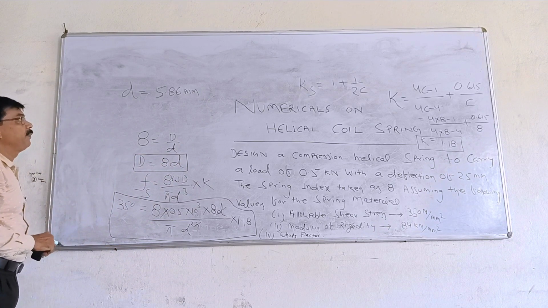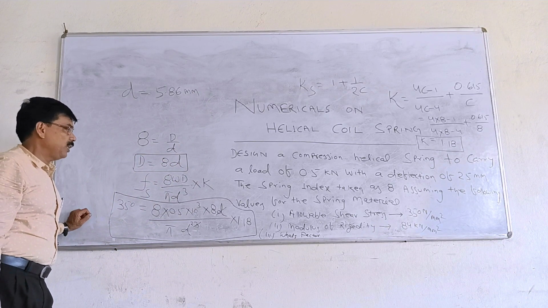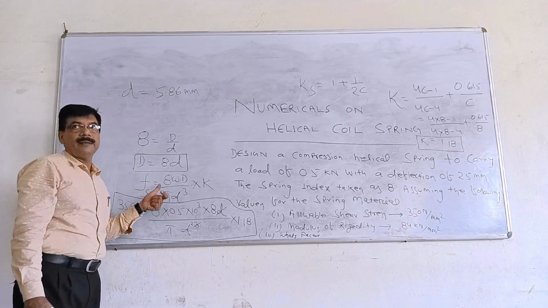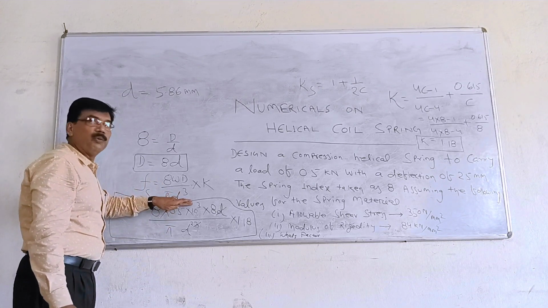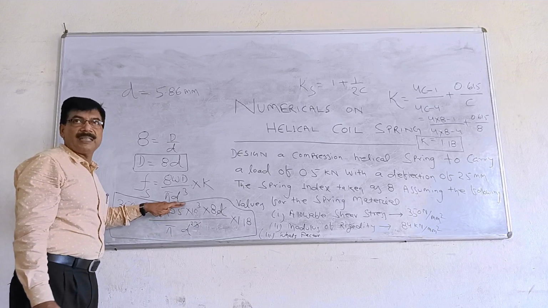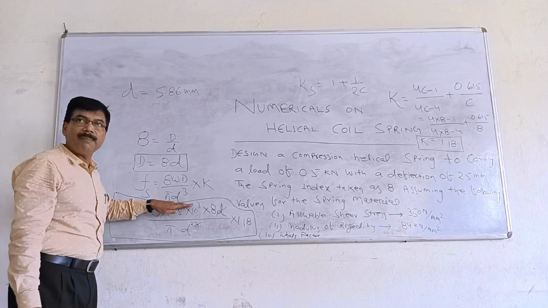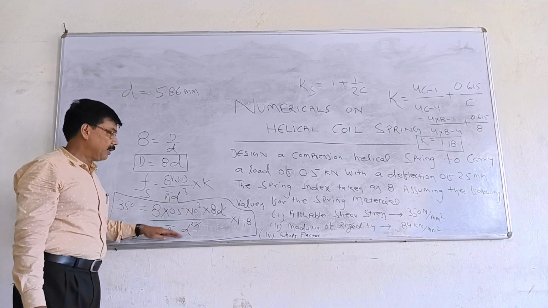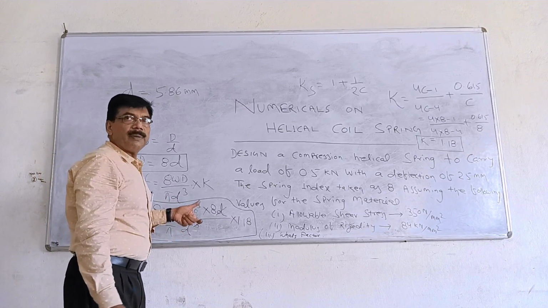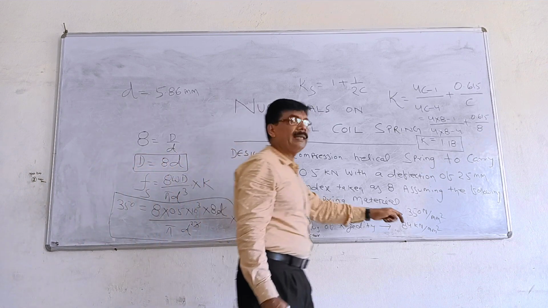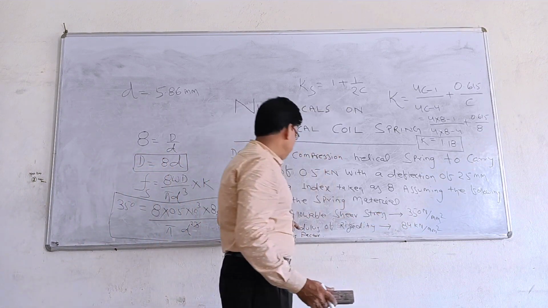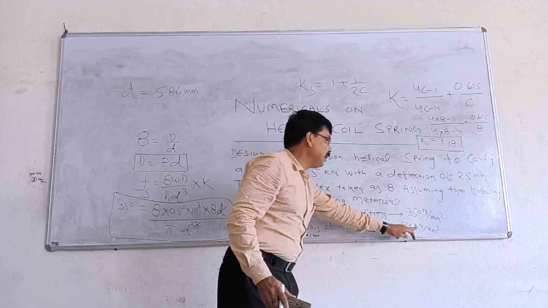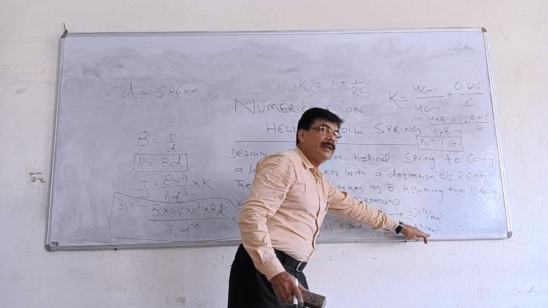5.86 mm. So before using the values, you must be thorough about the units. Units mean in the numerator and denominator, the unit will be the same. If you keep it in cm, numerator and denominator will be in cm. If it is in mm, it will be in mm. So it is better to convert it into mm, because allowable shear stress is given in Newton per mm square, G given in Newton per mm square, right?